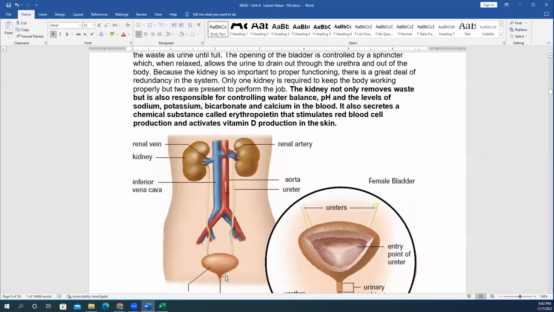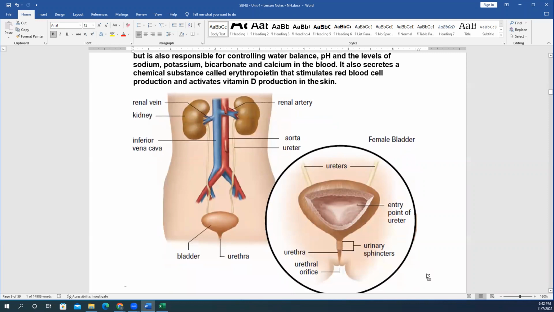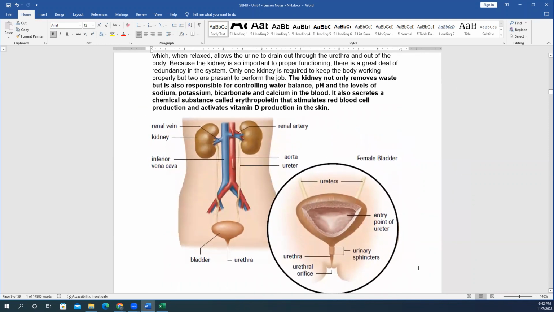The opening at the bottom of this bladder is controlled by a sphincter, the urinary sphincter, which, when contracted, allows urine to be stored, but when it is relaxed, allows the urine to be drained out through the opening, the tube called the urethra, and out of the body.